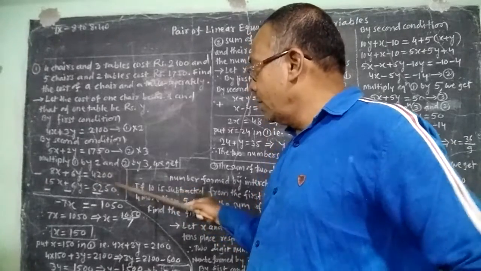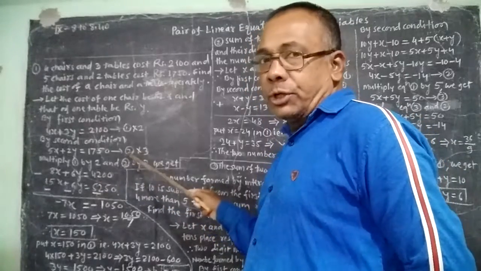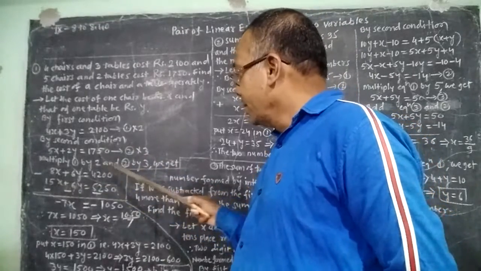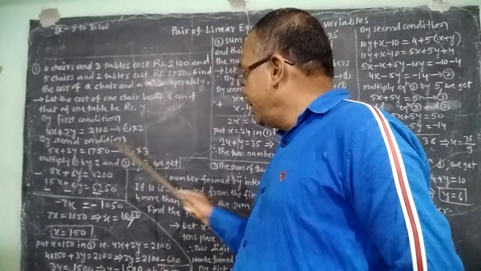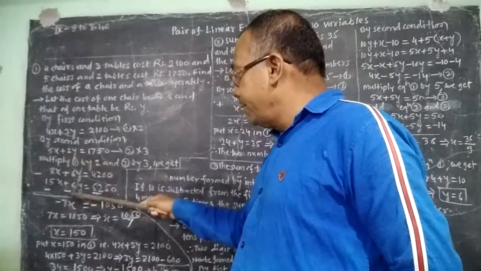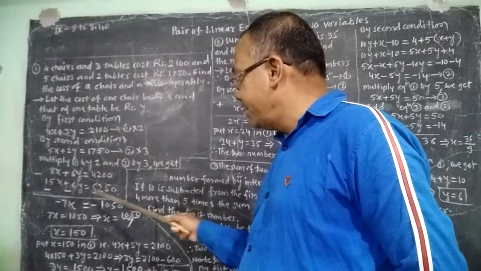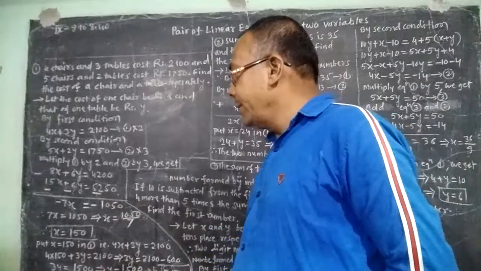4200. And now equation 2 is multiplied by 3, so 3 fives are 15x plus 3 into 2y, it will be 6y, and 1750 into 3 will be 5250.